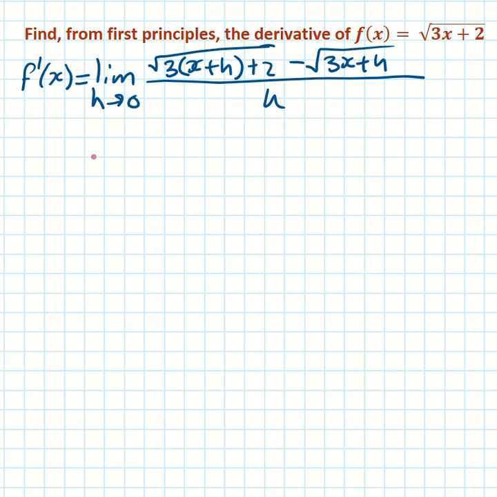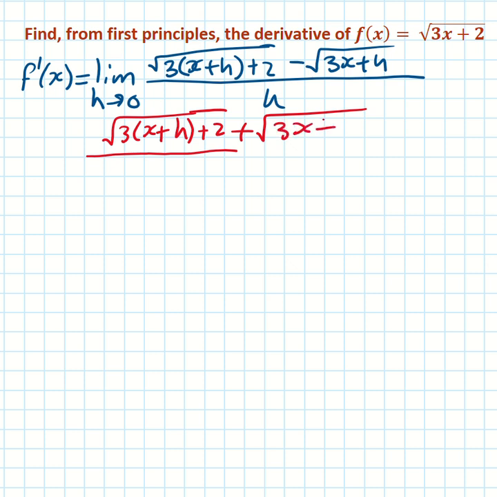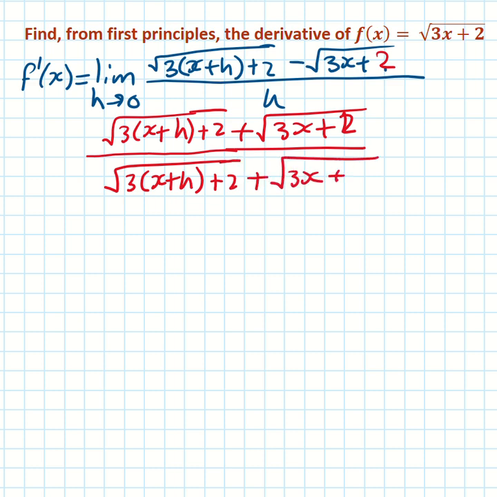The reciprocal of the numerator is going to be the square root of 3x plus h plus 2, no, that's not h, that should be 2, and then plus, instead of minus, the square root of 3x plus 2, divided by the same thing: the square root of 3(x plus h) plus 2, plus the square root of 3x plus 2.